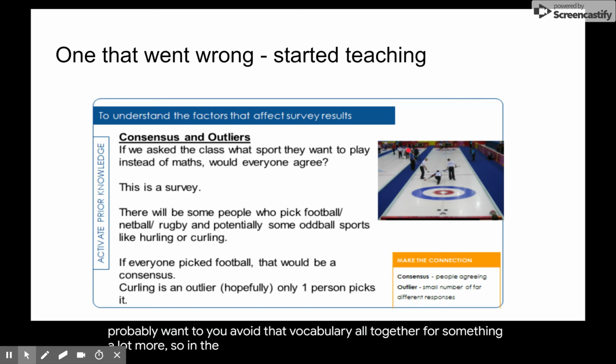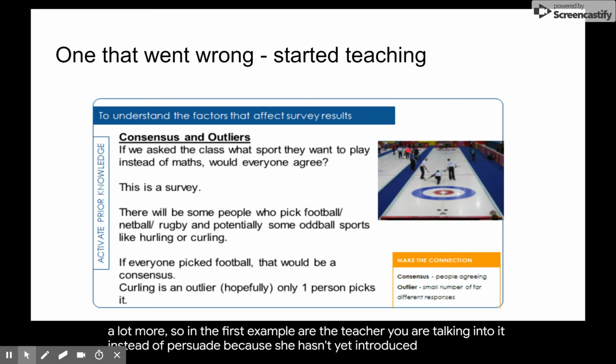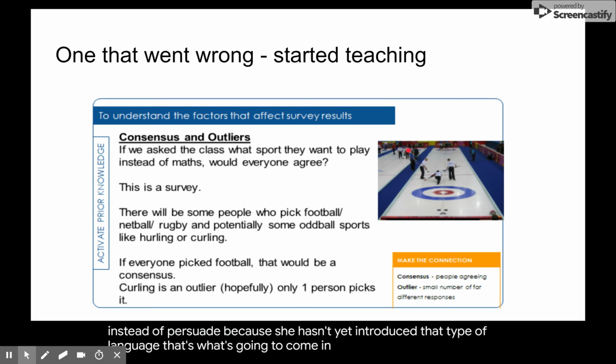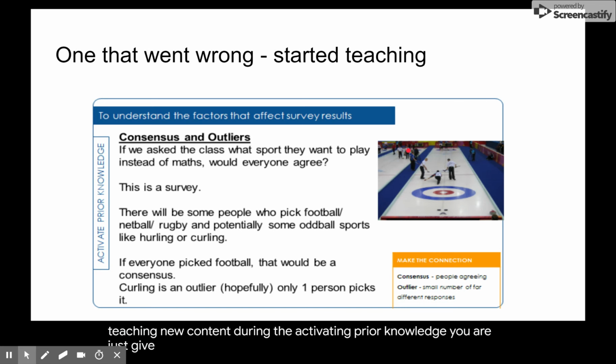So in the first example, the teacher used talking them into it instead of persuade, because she hasn't yet introduced that type of language. That's what's going to come in the lesson. So don't start teaching new content during the activating prior knowledge. You are just giving them something to stick their new knowledge to that they already have in their brain.